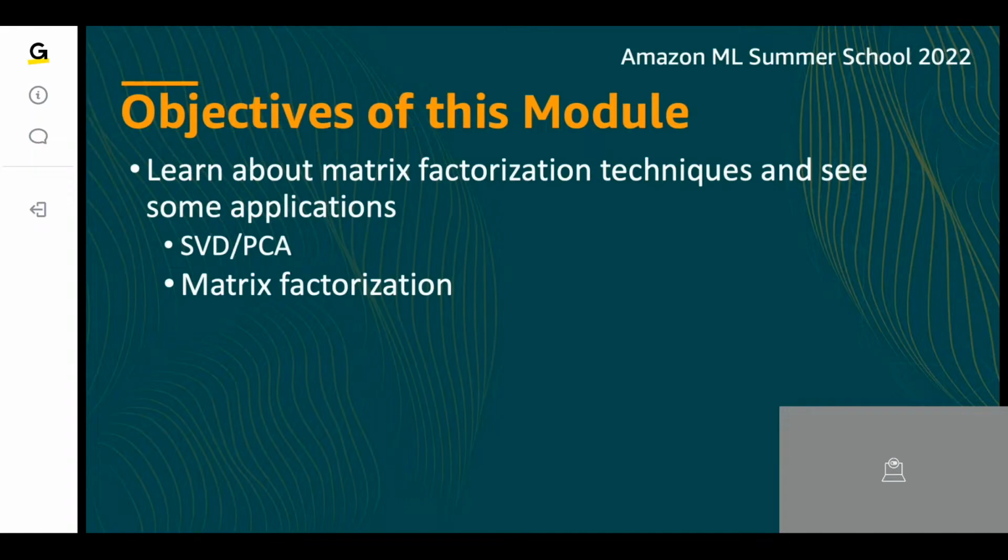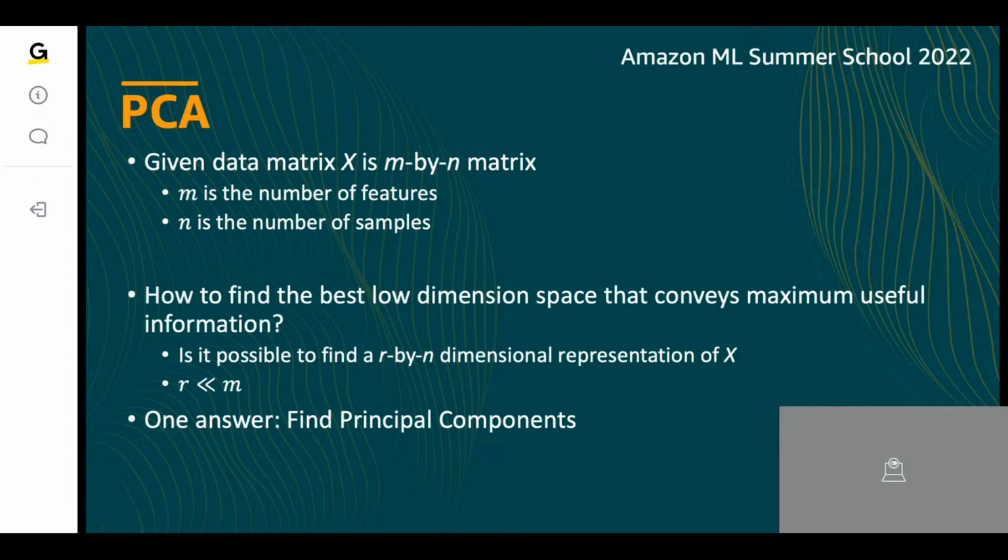Next, we come to principal component analysis. In principal component analysis, you have a data matrix which is m cross n in structure, and you are trying to identify a low dimensional space representation that conveys the maximum information about this matrix.